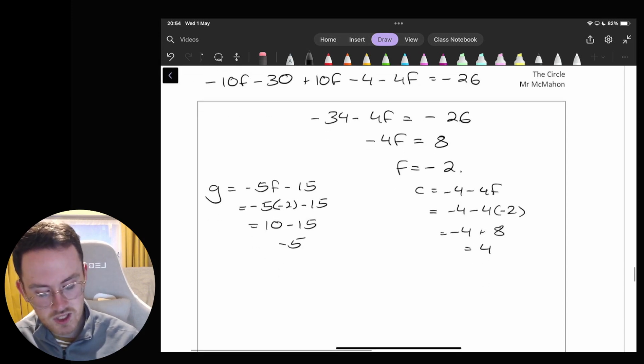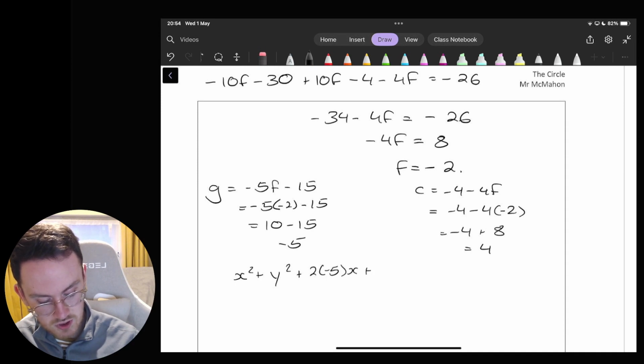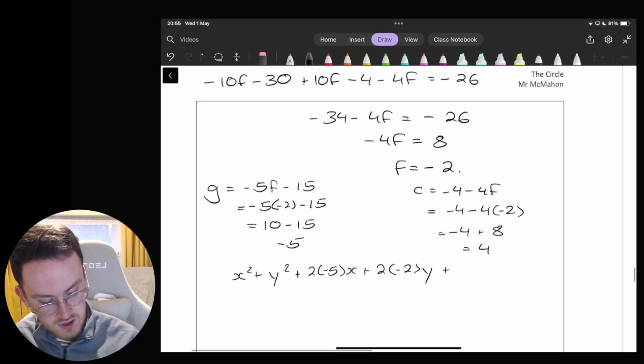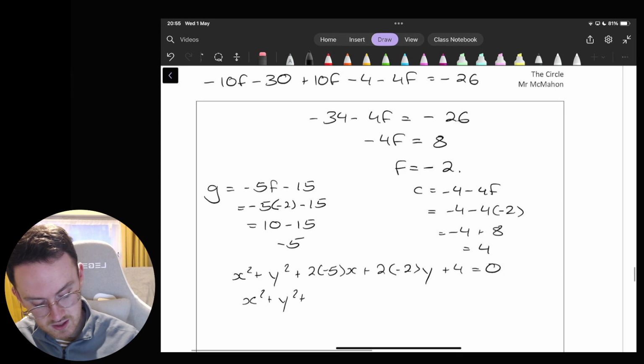So getting my equation of the circle, x squared plus y squared plus 2g, my minus 5, x plus 2f y plus c, and we simply simplify that equation down.